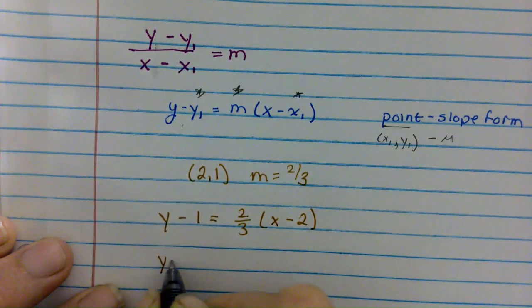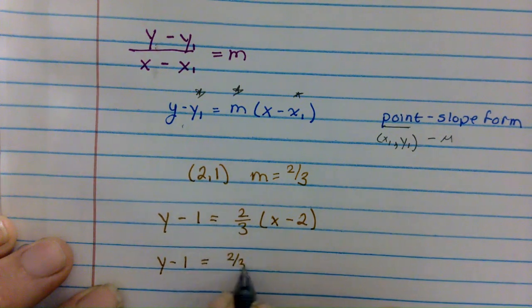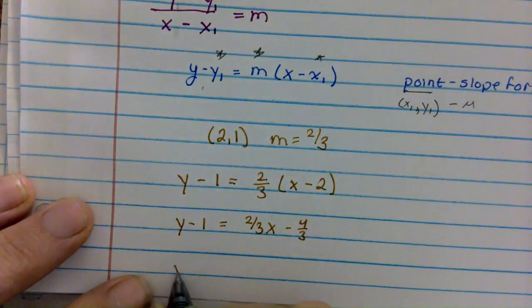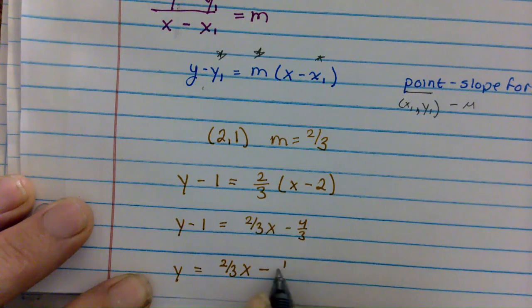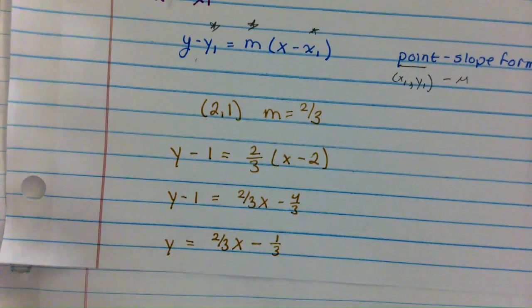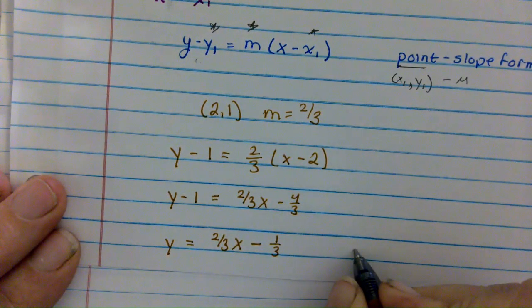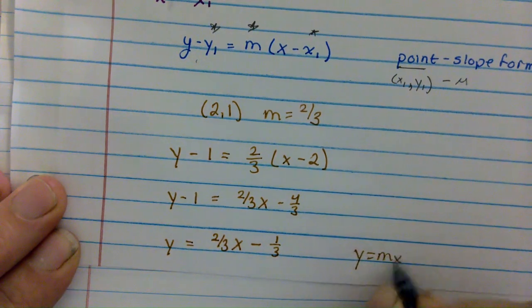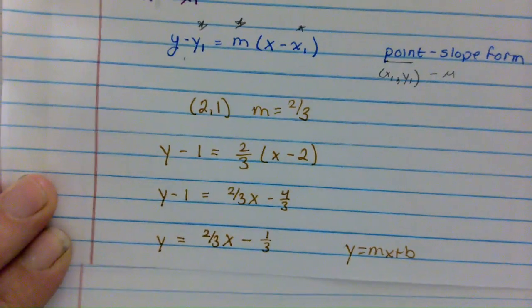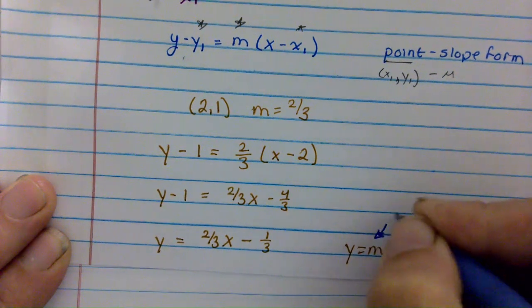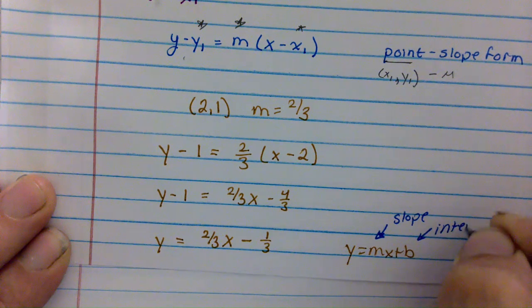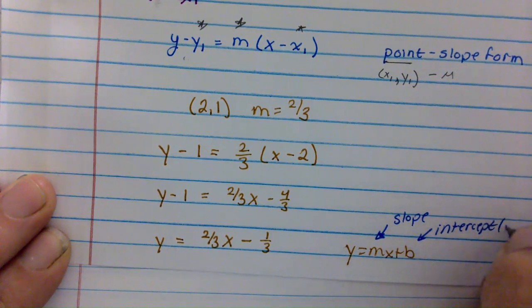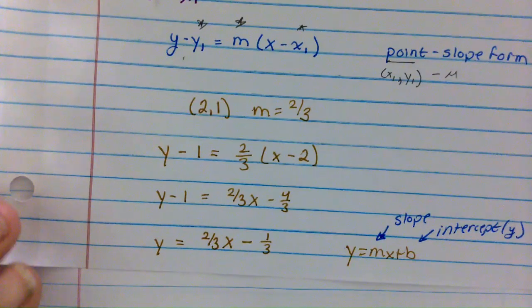Distribute. Add 1. Look at that. Now we have y equals mx plus b, also known as slope-intercept, specifically the y-intercept form.